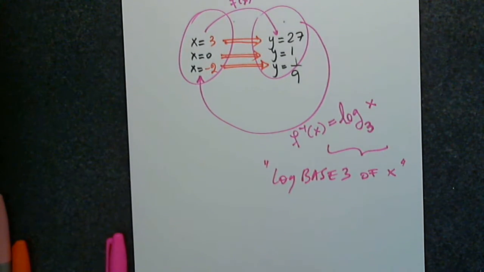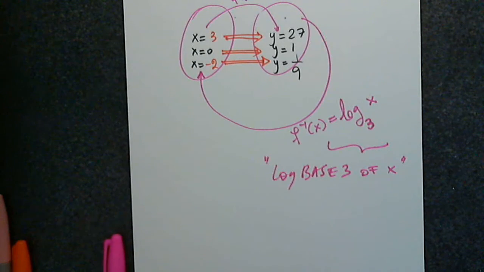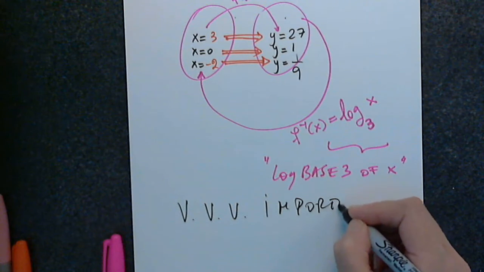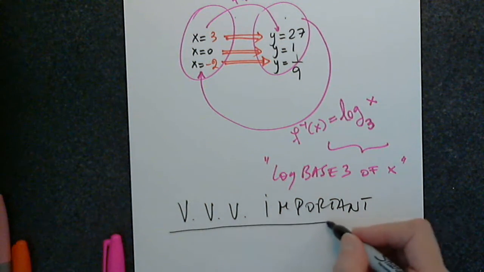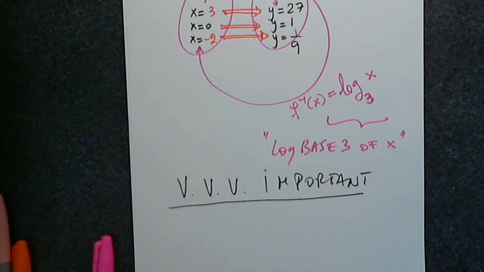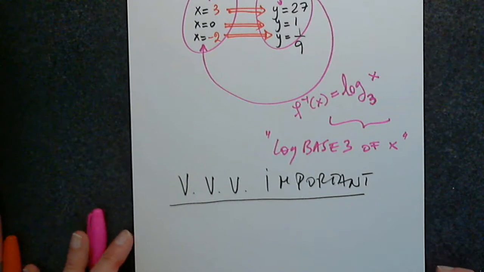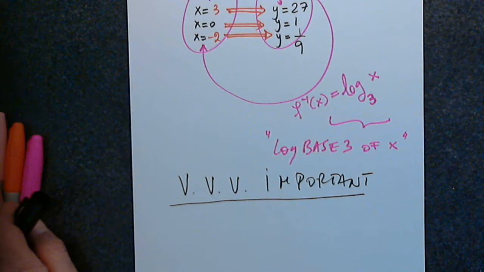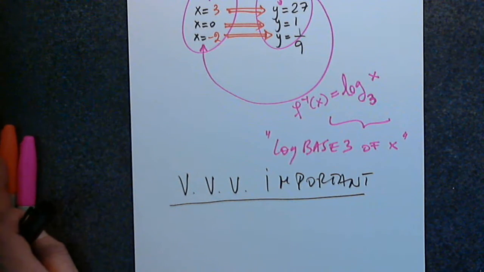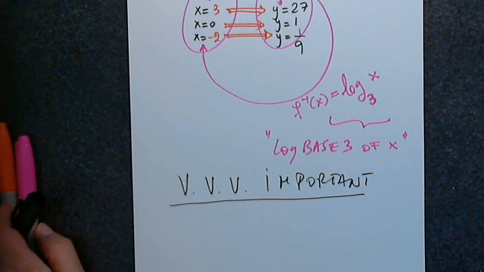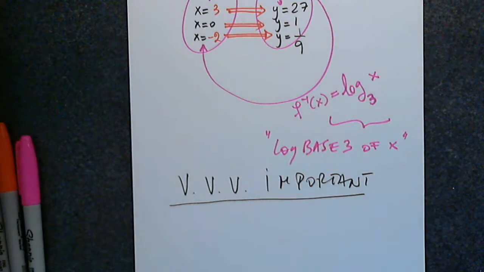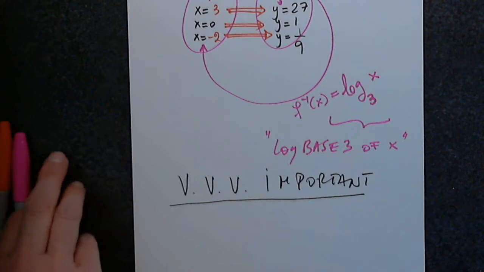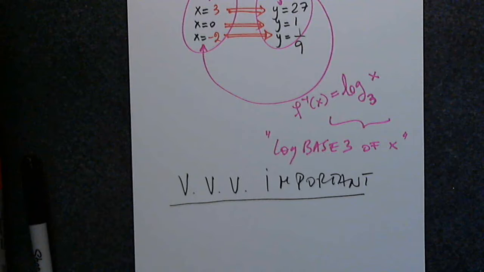Okay, the next step is, in my opinion, the most important concept in this chapter, and it is here right now. If we understand this concept, very, very important, then we're not going to have difficulties when we solve word problems, when we solve exponential and log equations, when we use the change of base formula, etc. Okay?